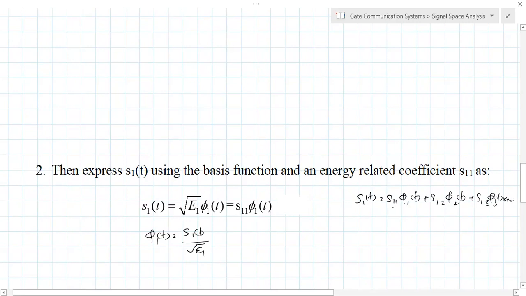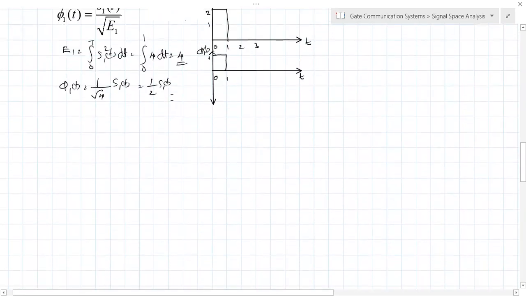So in this particular case, we got a relation between phi 1 of t and S1 of t. There is no term of S12 and S13 or etc. So we can assume that there is only one non-zero coefficient, that is S11. From the previous example, if you write this particular equation, you can write S1 of t is equal to 2 into phi 1 of t.